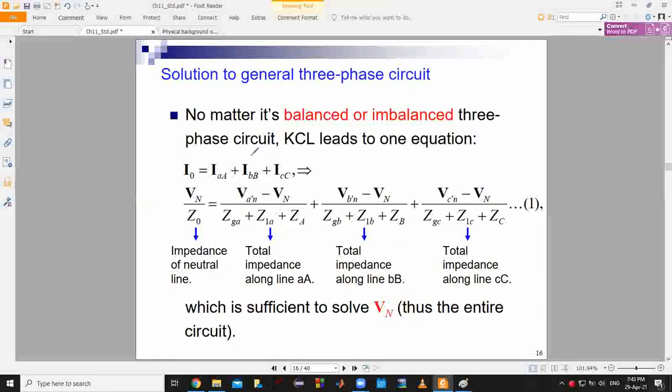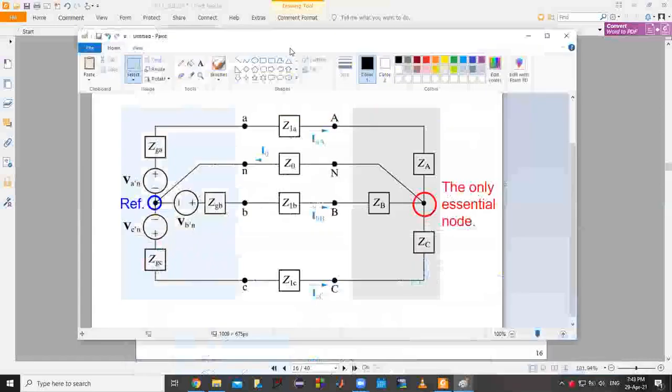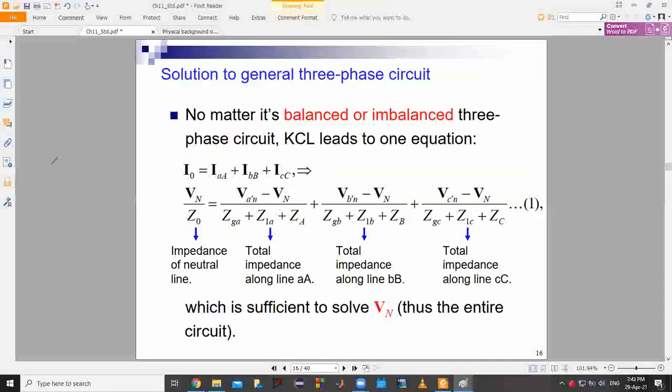So here is an initial approach. We can apply KCL here, at this essential node. KCL says all current entering is the same as the current leaving. So this is equal to this, and that's what we have here.